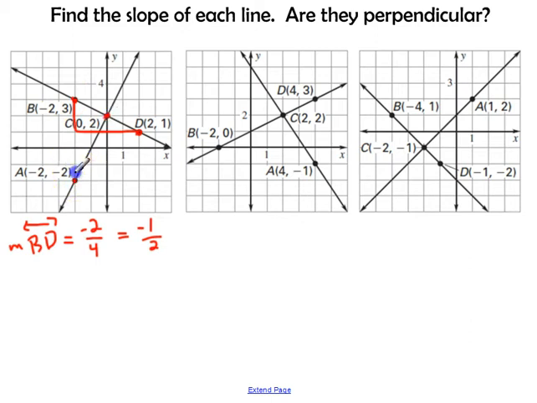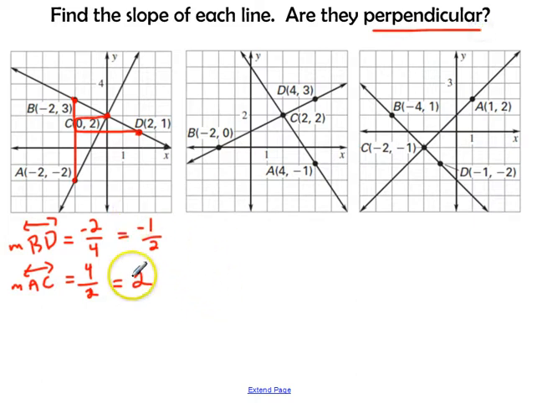So this is going to be up 1, 2, 3, 4 over 2. So the slope of AC, that line, is going to be up 4 over 2, sorry. And that simplifies to +2. So for perpendicular lines, we want to look for opposite reciprocal slopes.